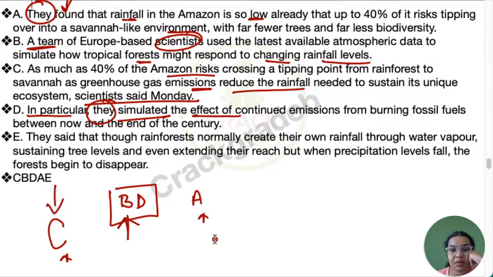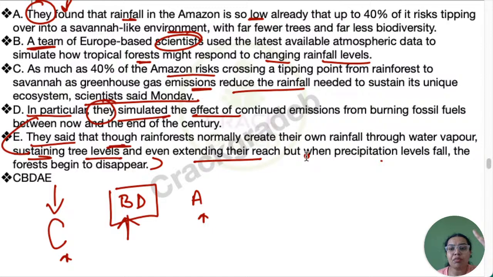A somewhere later. They said that though rainforests normally create their own water vapor, rainfall through water vapor, sustaining tree levels and extending reach, but when precipitation levels fall, the forests begin to disappear. This is a conclusion.